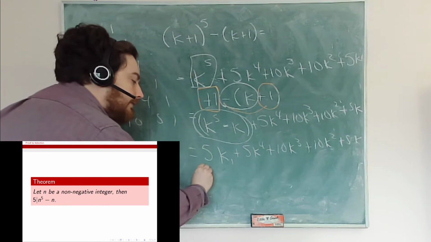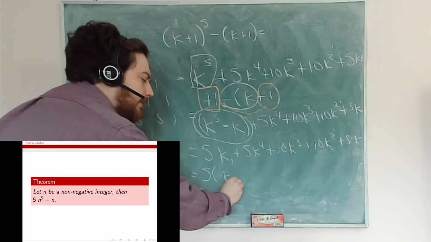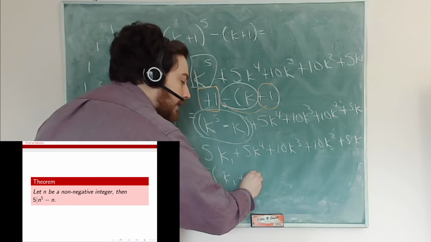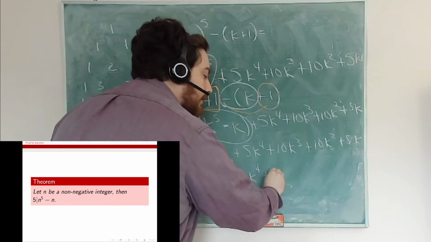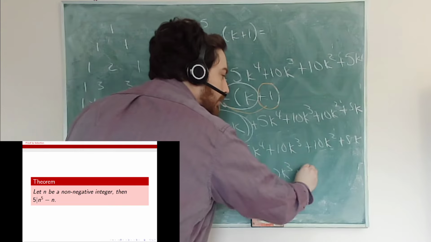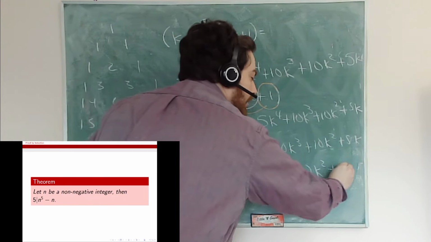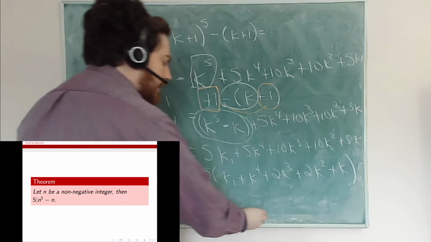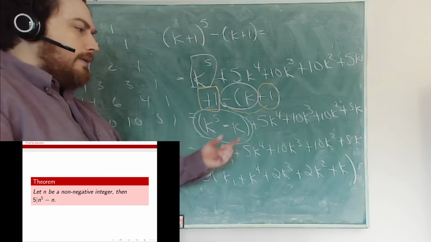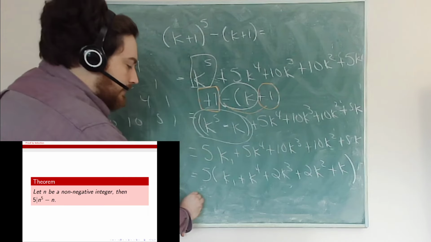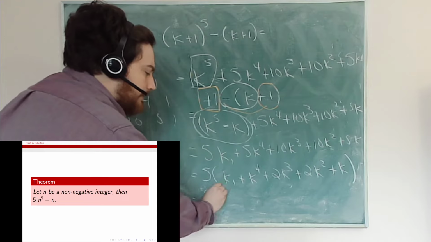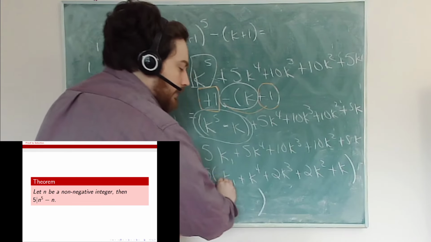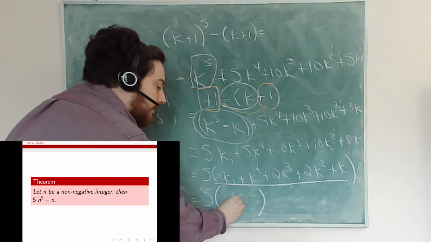So what I get is 5 times k1 plus k to the 4th plus 2k cubed plus 2k squared plus k. So I indeed can factor 5 out of all these terms, and so what I would say here is that this is 5 times, and this big term here, I'll just call k2.